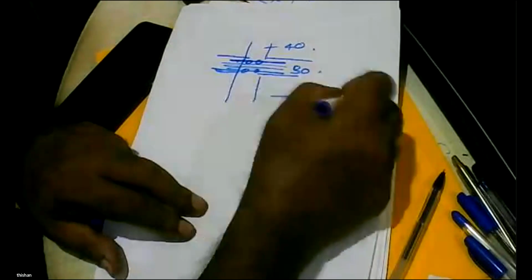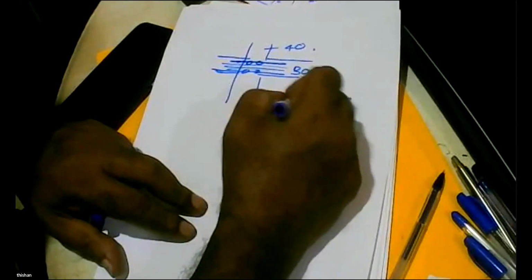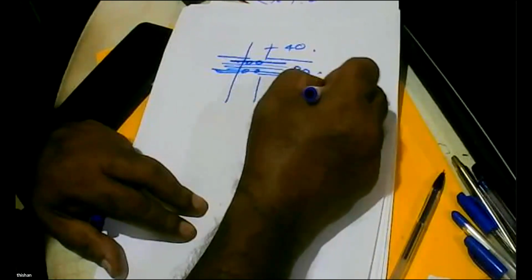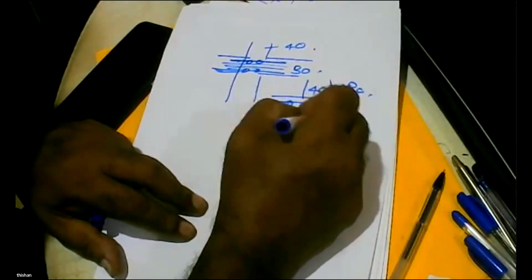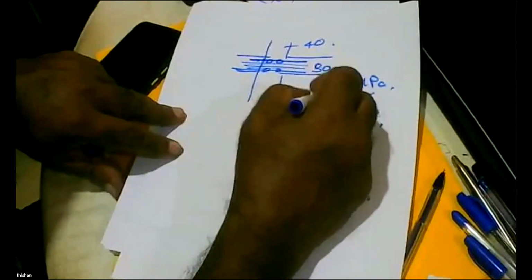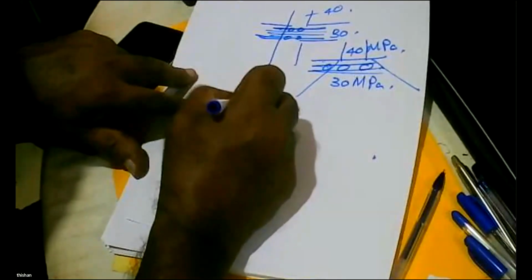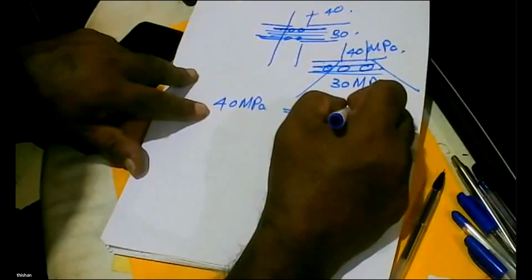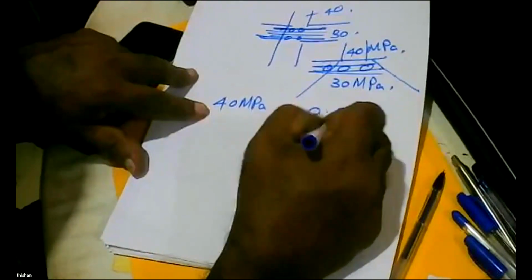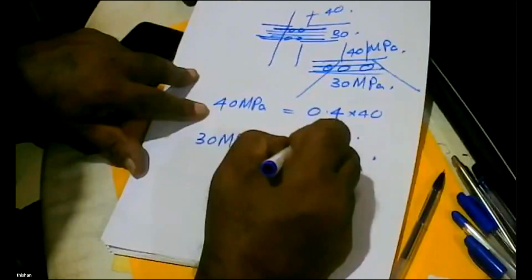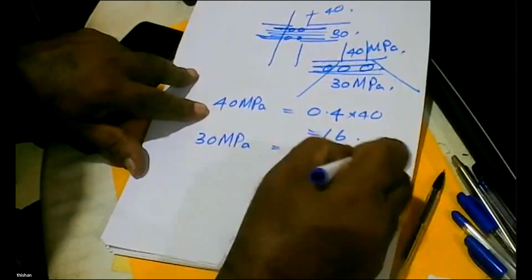So even in a raft foundation, you have a lot of reinforcement in these directions. So you have 40 megapascal here. Here you have 30 megapascal. It doesn't matter, because all this reinforcement can do the dispersion into the concrete. And anyway, for 40 megapascal concrete, the working stress will be 0.4 times 40, so it will be 16. And for 30 megapascal concrete, again 0.4 into 30, 12.